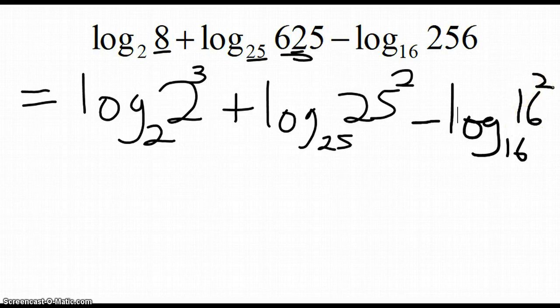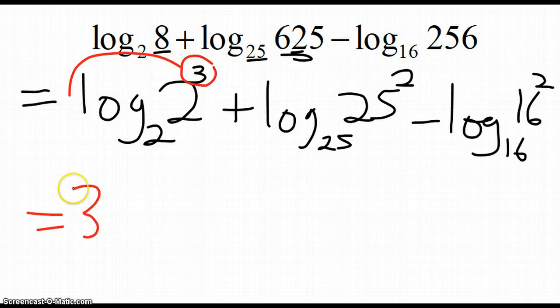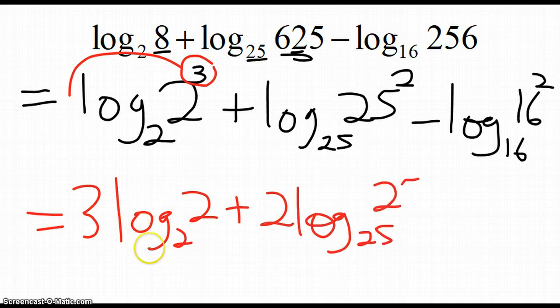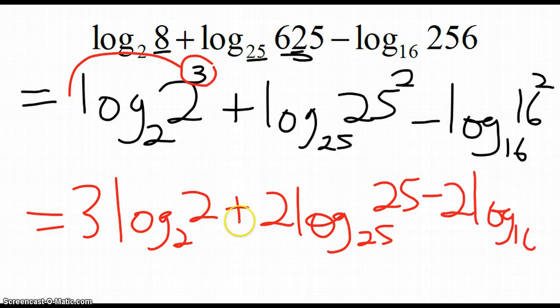So you see, it's all about being creative. Look at the question and see how best you can make it easy and then simplify. Alright, so we can also say that since this one is an exponent, it could come here to multiply as 3 log base 2 plus 2 log base 25, and finally 2 log base 16.